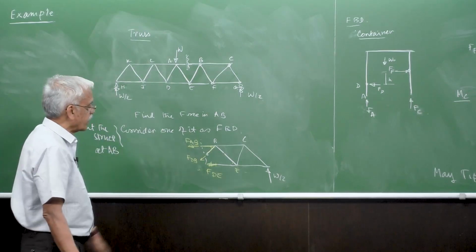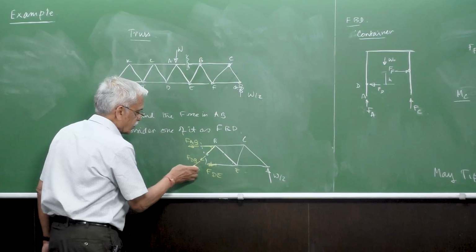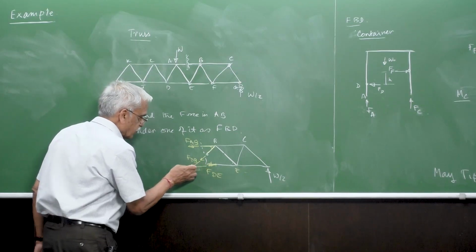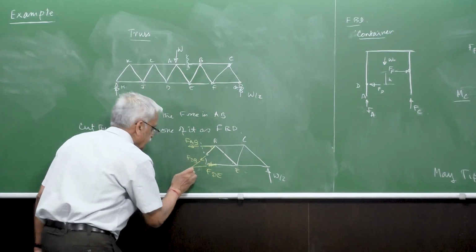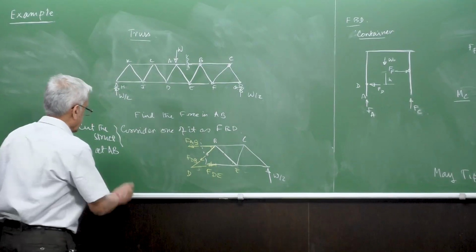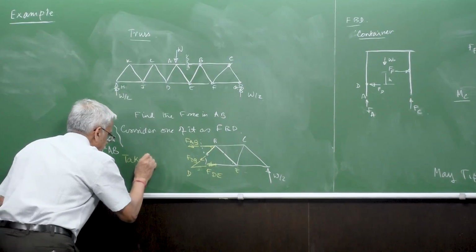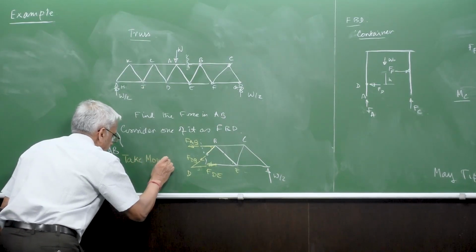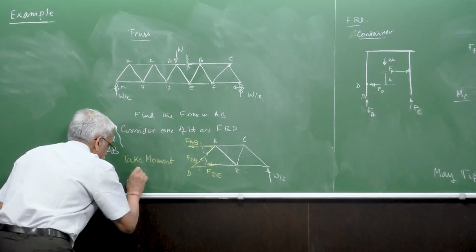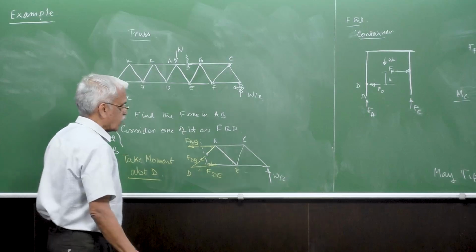And if you want to find out FAB, what is the best thing again? If you extend this one to point D here, then take the moments about D and solve for FAB.